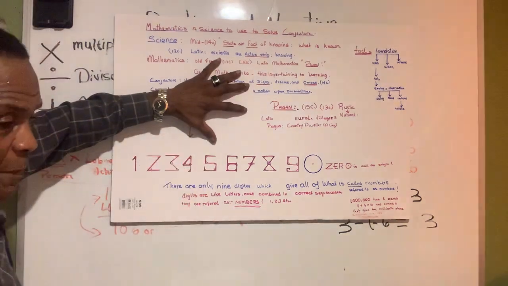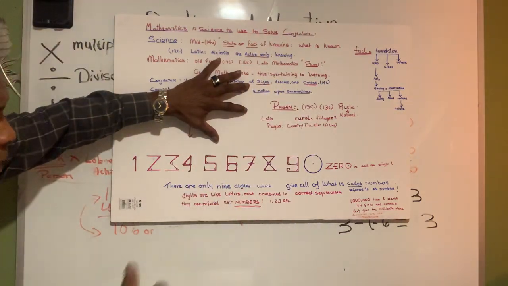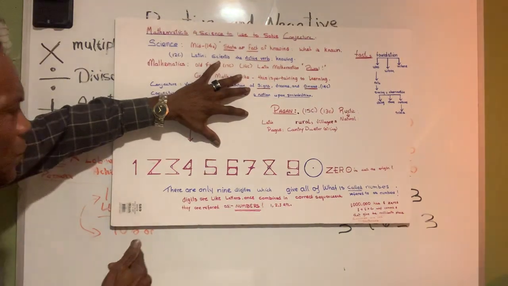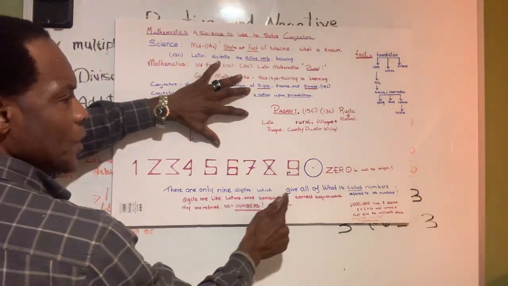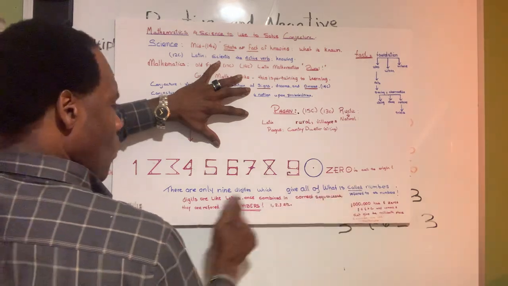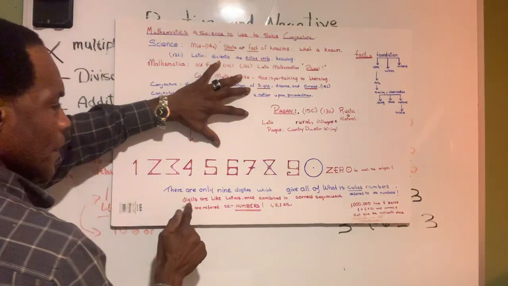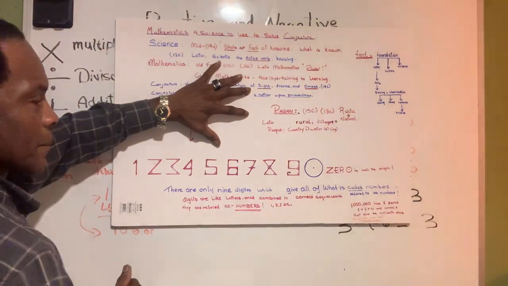Or people may have a comprehension of 100,000, but when you go deeper, you're talking over the average. So there are only 9 digits, which give all of what we call numbers. Digits are like letters.